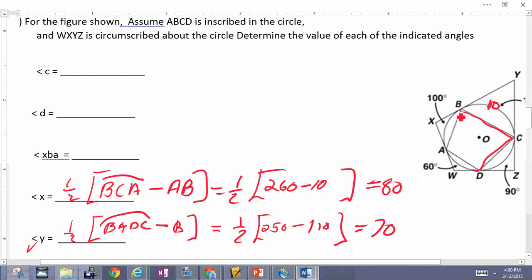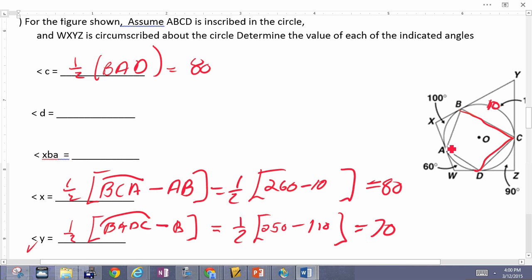It meets up with the arc BAD, so angle C is equal to 1/2 of arc BAD, which is 160. So that means angle C is 1/2 of 160, which is 80, yes?